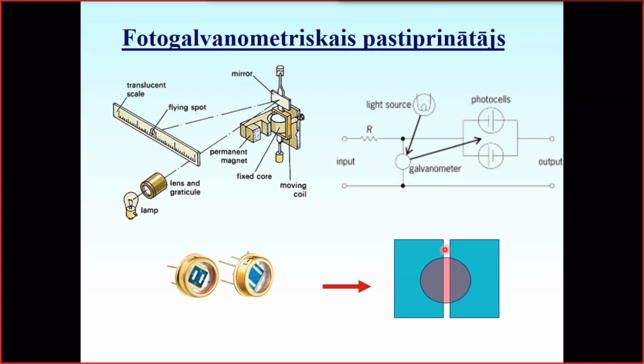They both produce the same voltage, and we actually compare the voltage or current produced by the two photodiodes. If the currents are equal, the amplifier will provide a zero.